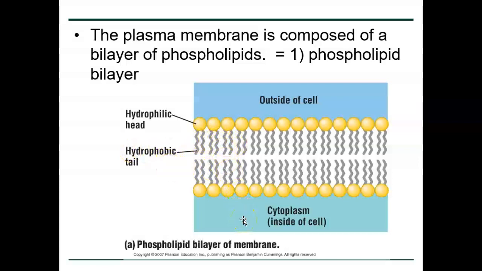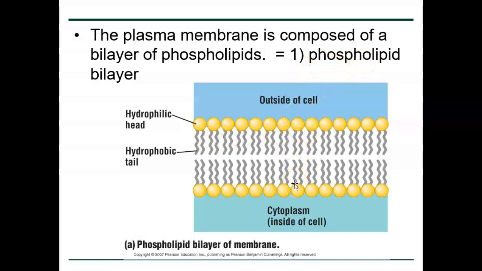So inside the cell is going to be water, outside of the cell is going to be water. So the lipid parts try to stay away from the water, so they face inside. So that's the hydrophobic inner part of the plasma membrane. On the outside, facing either the outside of the cell or the cytoplasm, is going to be the hydrophilic head, and this is the phospho part.